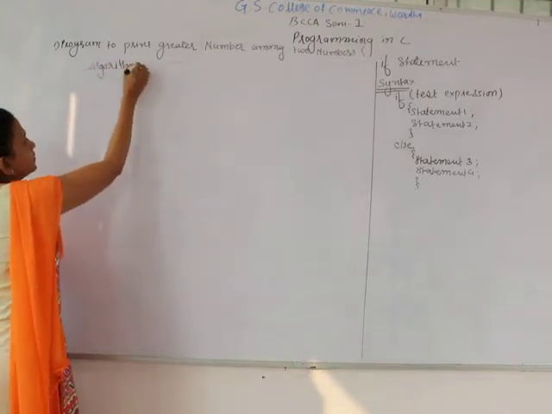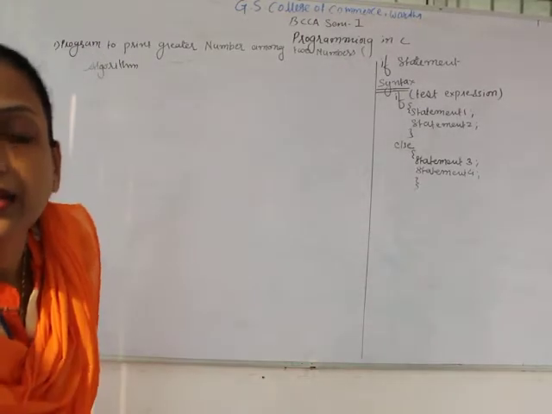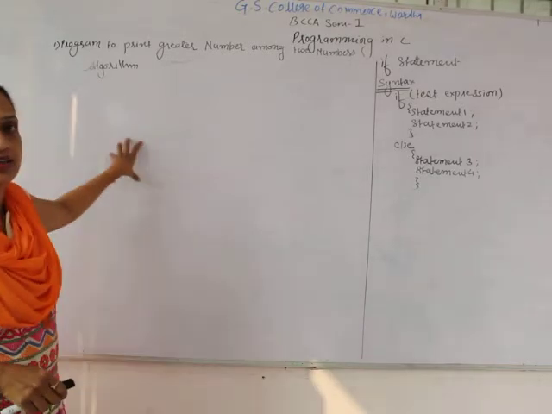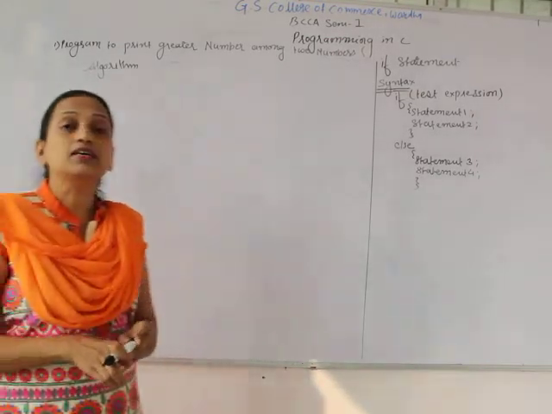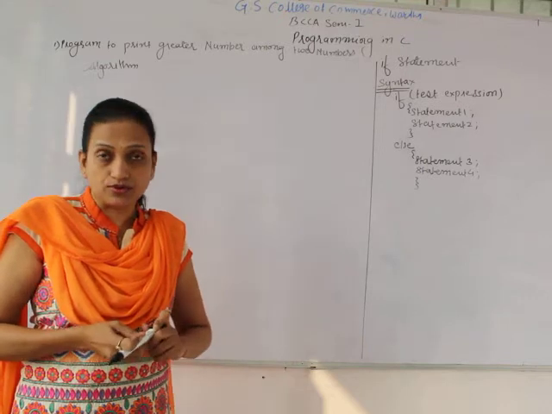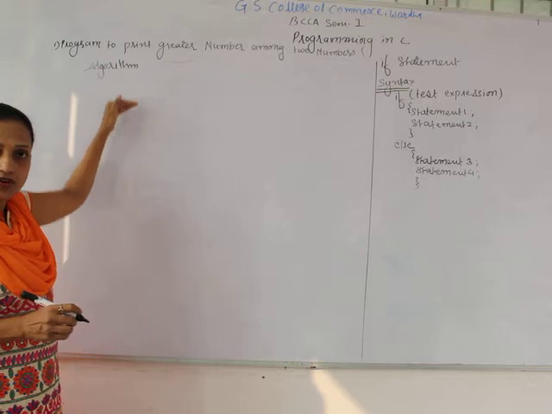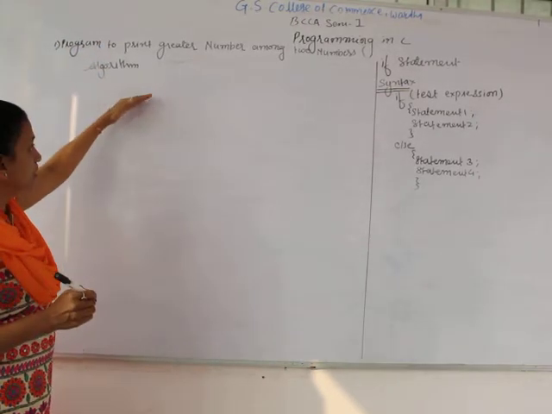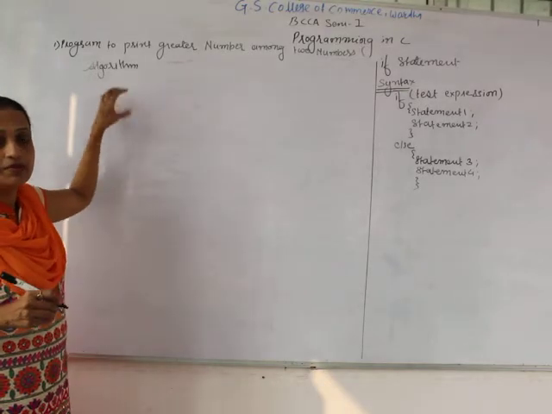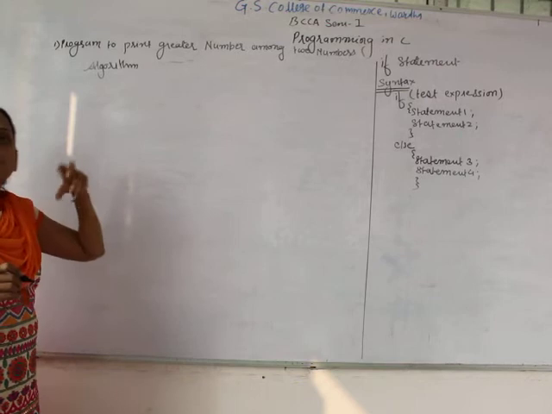In my previous lecture I explained what an algorithm is. An algorithm is nothing but a stepwise procedure. It is a representation of your program, step by step, as it is going to execute.